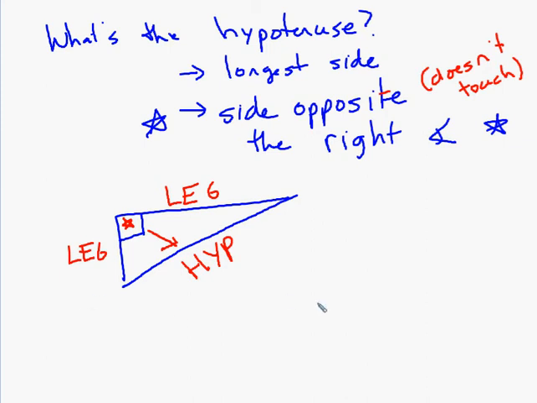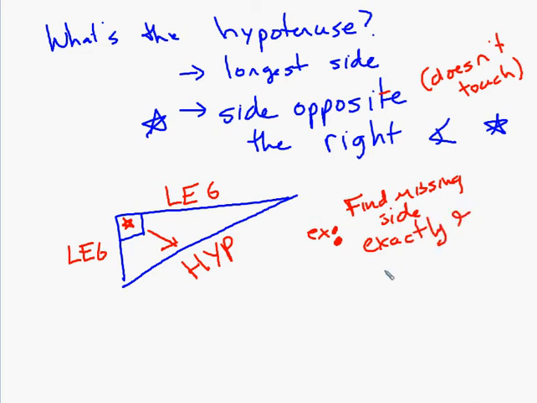All right, so let's try an example problem. I want to find the missing side exactly, and to the nearest 10.